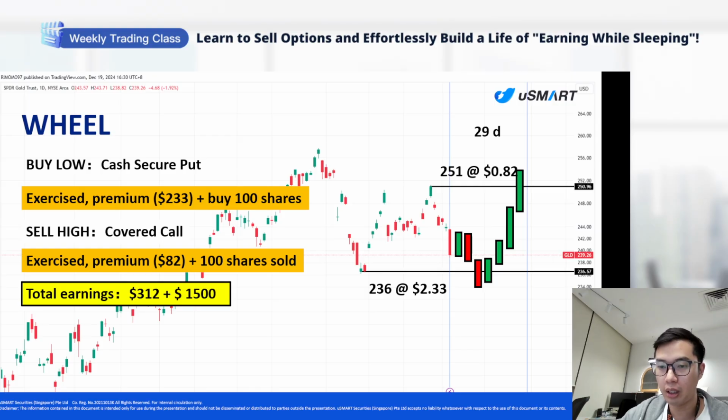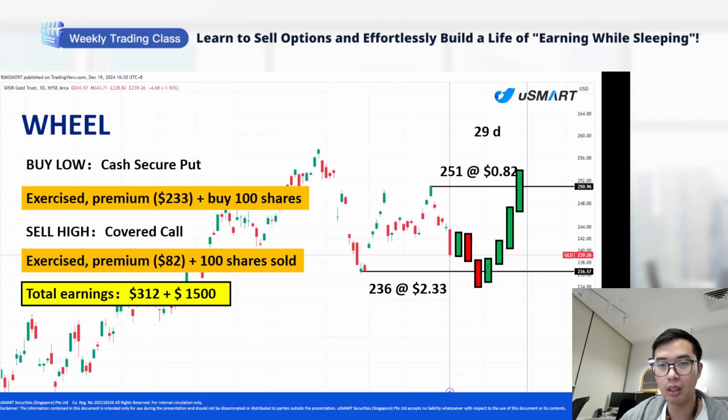So just now we already bought it at 236, right? Then we sell call, and it hits our TP, take profit limit, 251. So how much do we actually earn? 251 minus 236 is the stock price gain. It's roughly $1,500 for 100 shares.